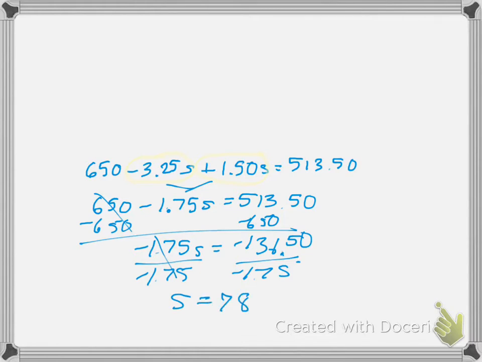Well, remember at the beginning we said there was 200 tickets altogether. So 200 take away 78 is 122. So I know if there's 78 student tickets, then there's 122 adult tickets.